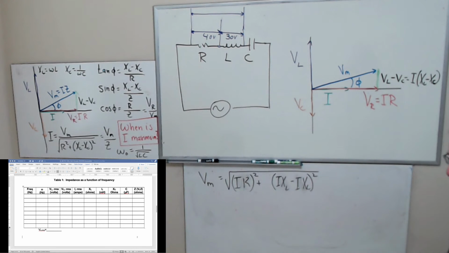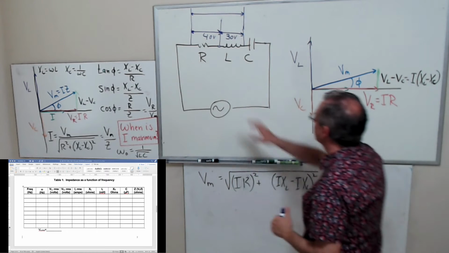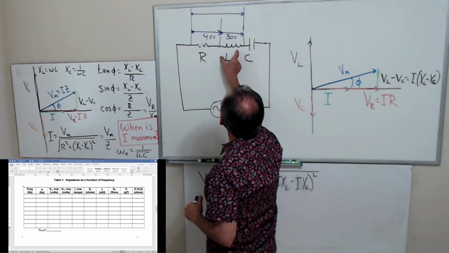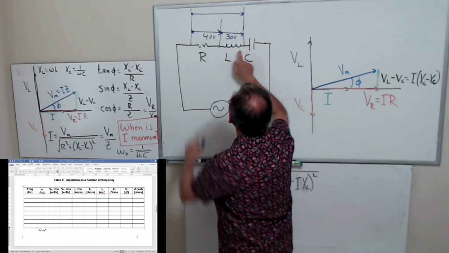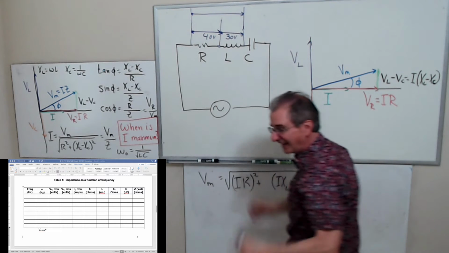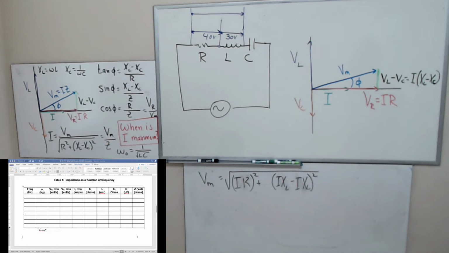Again, it's not a trick question, but it's based on looking at that picture. If this is 40 volts across here, and this is 30 volts, what's the voltage between these two points? It ain't 70.